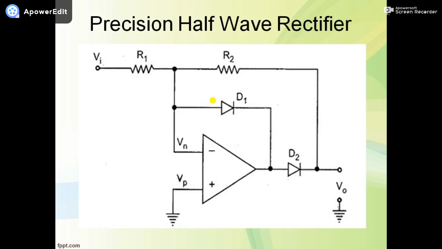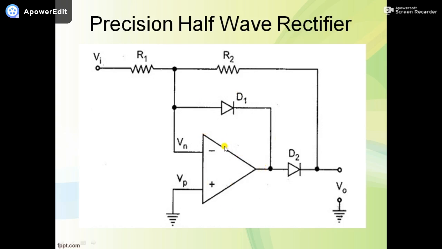At that time the op-amp output goes positive, so that this output settles at a voltage and keeps the op-amp inverting terminal almost at ground potential.